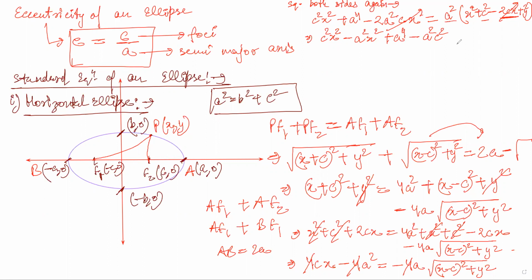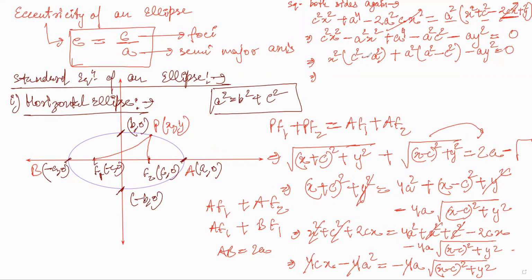This is a square c square minus a square y square is equal to 0. So you can take x square common. This becomes (c square minus a square) plus you can take a square common. So this becomes a square (a square minus c square) minus a square y square is equal to 0.